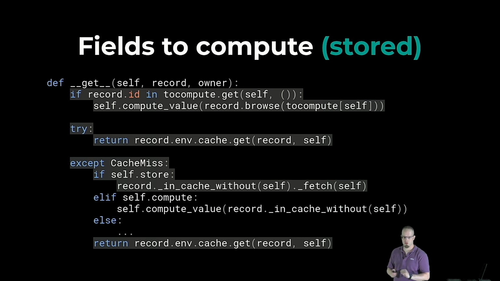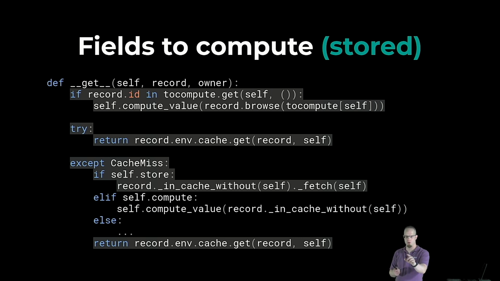So, if you have a stored field, the first thing to do is to check whether it's been marked to compute. If so, you compute it and you use the toCompute to determine on which records you want to compute. So all the fields marked to compute are recomputed in one shot. Then you look up the cache, and in case you have a cache miss, as it's a stored field, it means you have to prefetch that field.